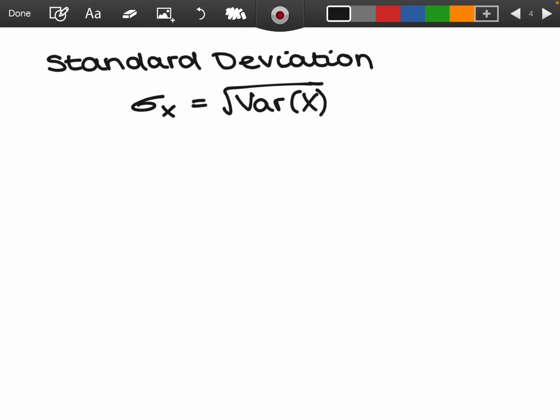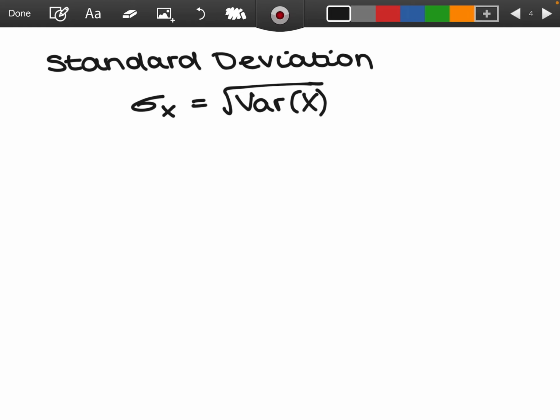So the purpose of the standard deviation is it puts your measurement of the spread of data back into the original unit. By square rooting this, we are back in the unit that we were originally in, let's say inches.